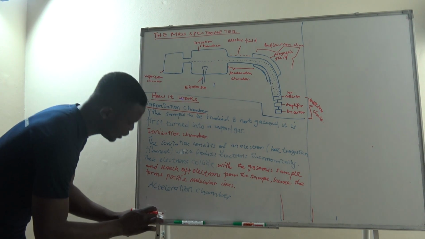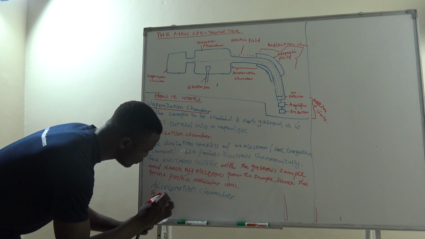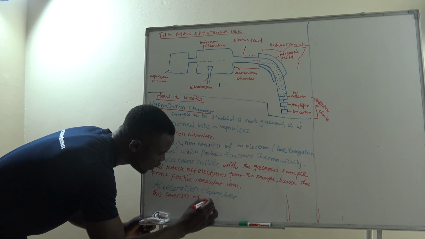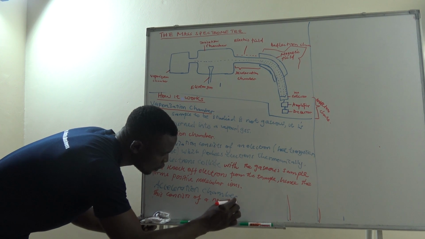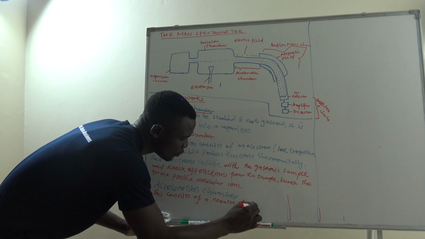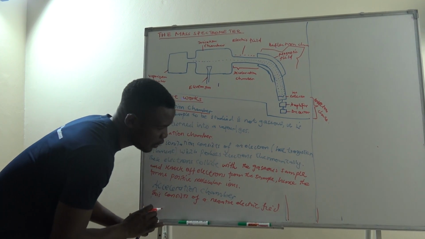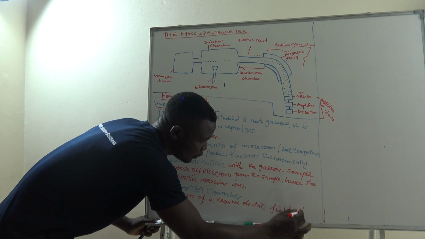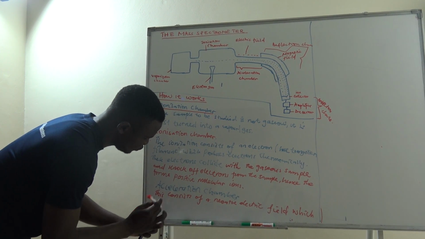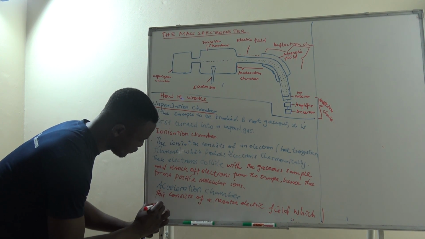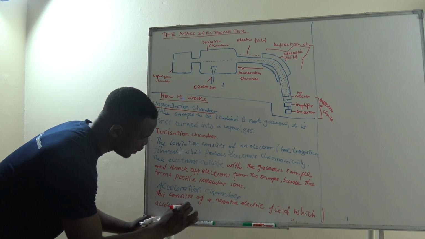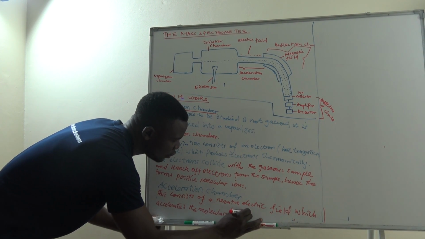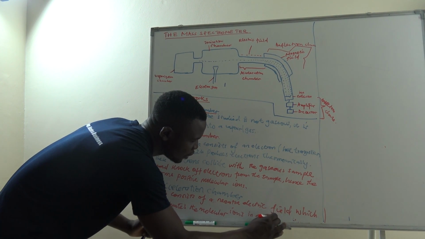The acceleration chamber consists of a negative electric field, which accelerates the molecular ions in a straight line.